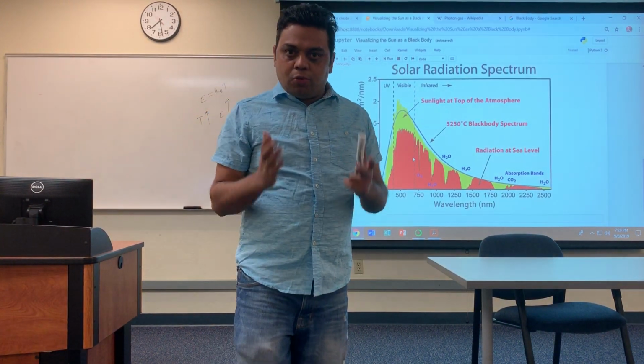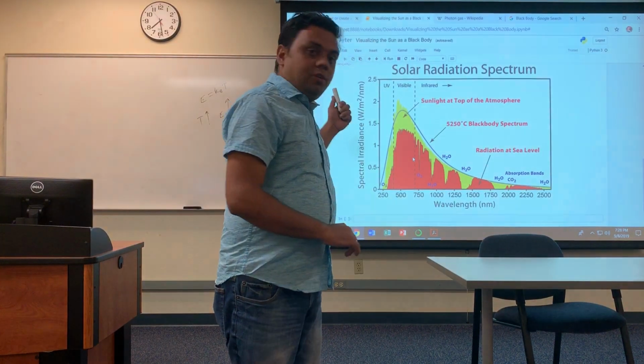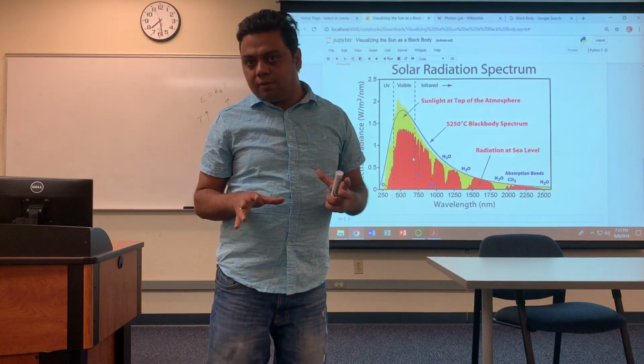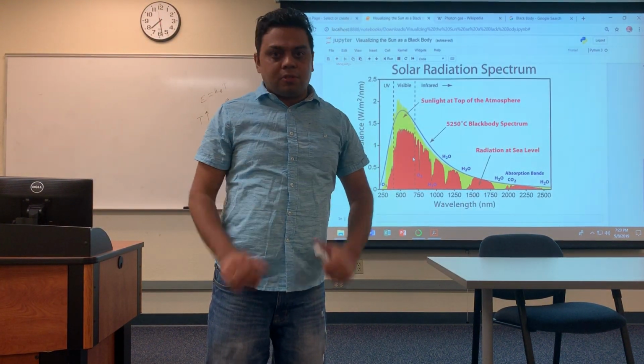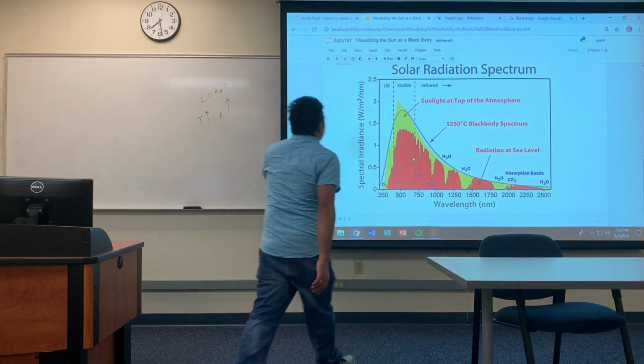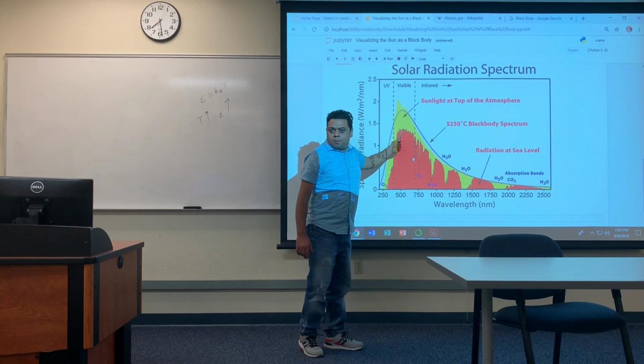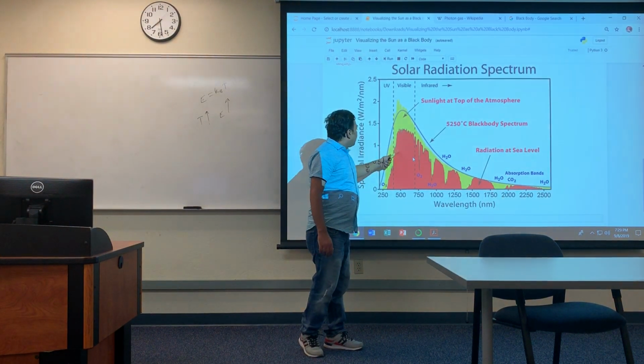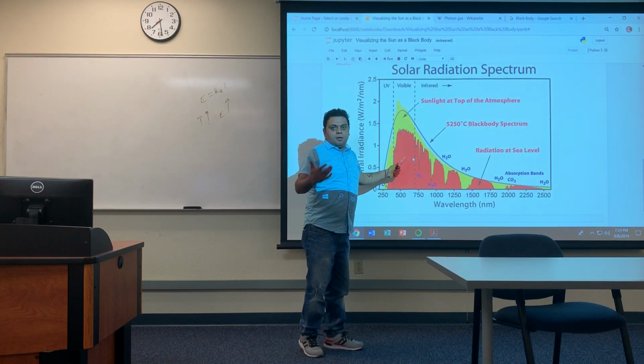So as engineers, what do we think we need to focus on in terms of utilizing the photons? It should be visible photons, right? Because they come up in maximum number and relatively higher energy, right?